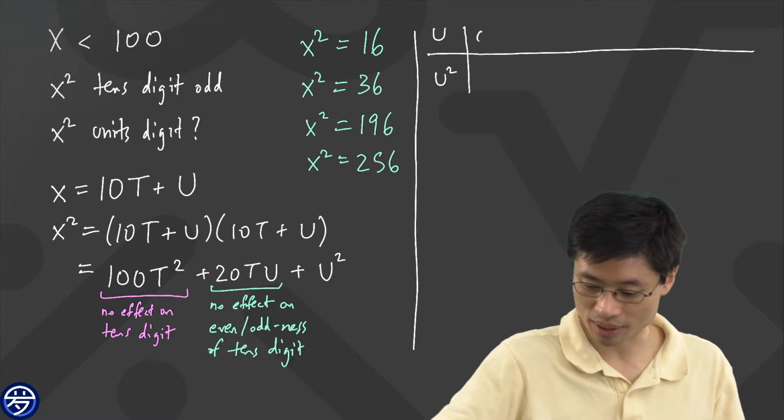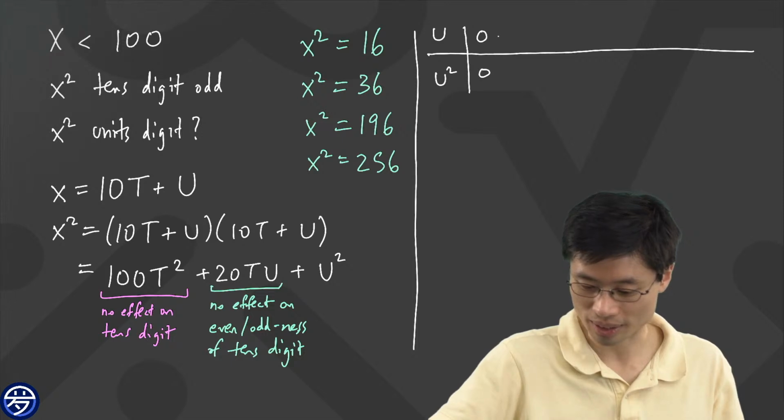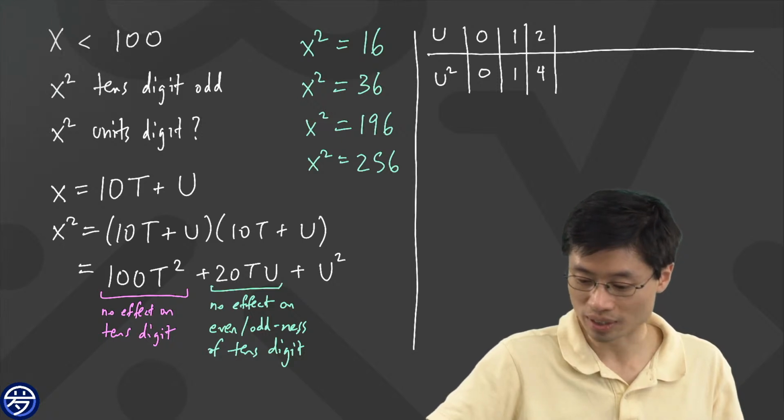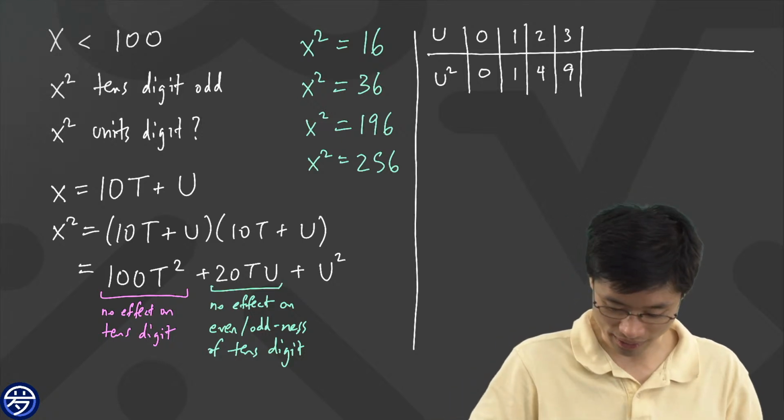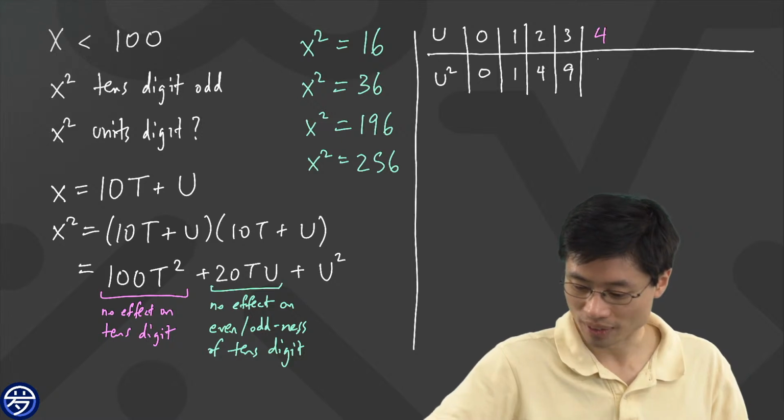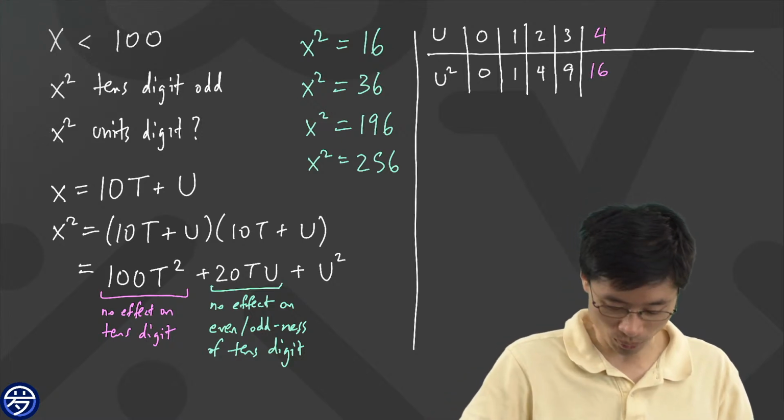The units digit could be 0, but that gives me 0. That's not interesting. 1, 1. 2, 4. So far these are not odd tens digits. 3, 9, not interesting. Oh, but 4 comes in. Let's use a different color because it's exciting. This is 4 and 16, because that 1 is odd.